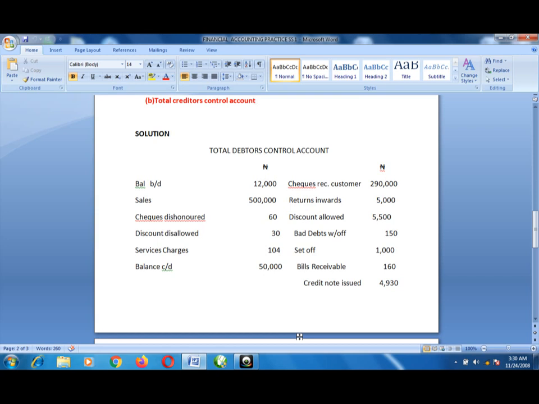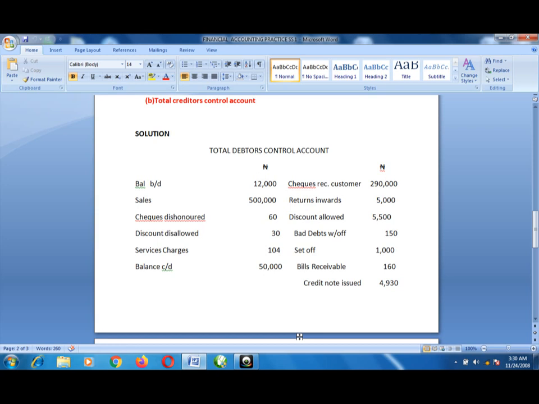The credit sales must be on the debit side, while you also have a cheque dishonoured. Remember, cheque received from customer must be on the credit side of the debtors control account. Any dishonour must be on the debit side.